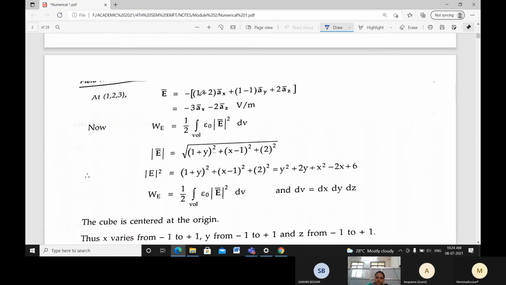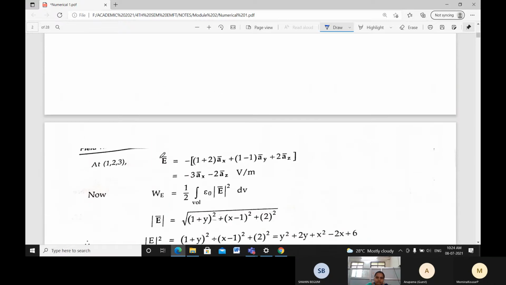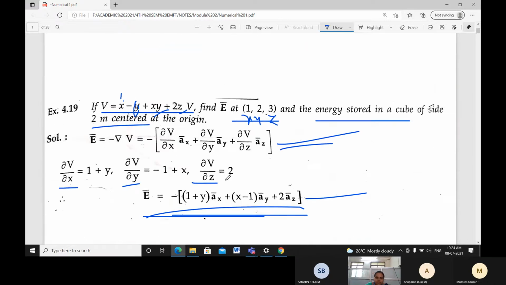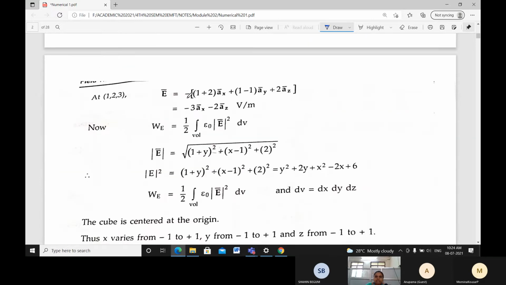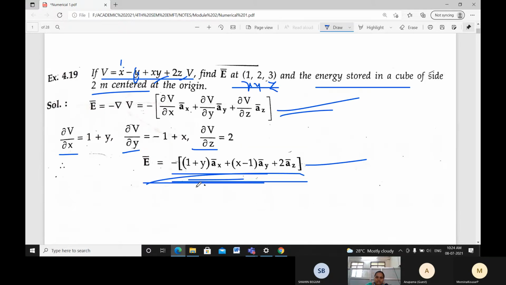Therefore E equals minus (1 plus 2) ax plus (1 minus 1) ay plus 2 az, which is equal to minus 3 ax minus 2 az volts per meter. This is what you got for the electric field intensity.